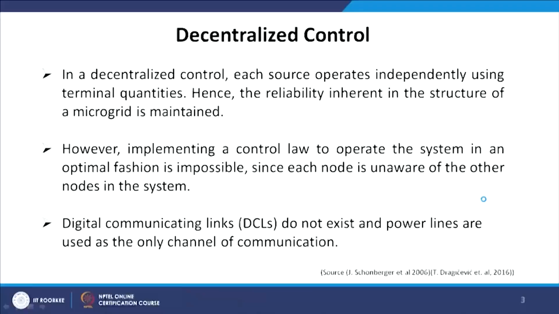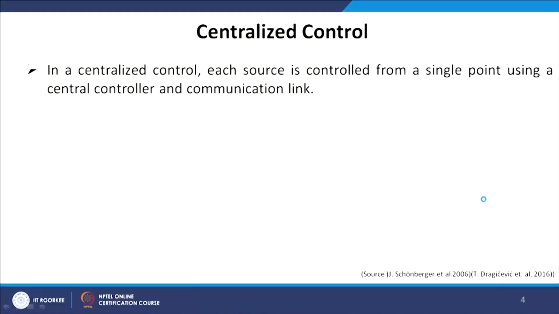Digital communication links, DCLs, do not exist, and power lines are used as the only channel of communication. Now, in case of centralized control, each source is controlled from a single point using a central controller and a communication link.